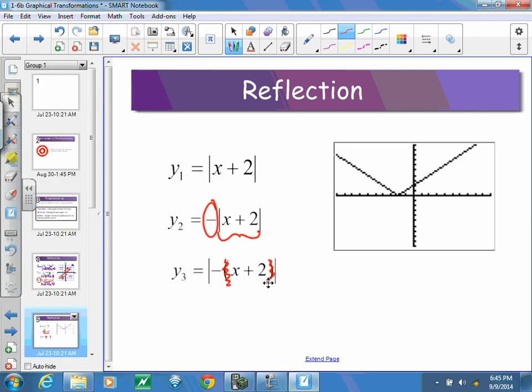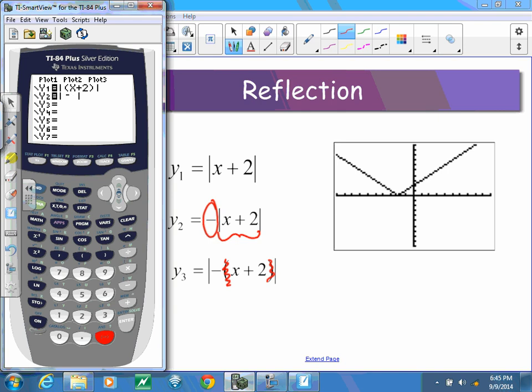I just want negative x plus 2. So negative x plus 2. And graph that out. Here's my first graph. And what's happening here is, even though it looks like it's just moving over 4 units, it's actually being reflected over that y-axis. It's the same image. Okay. So there we are.